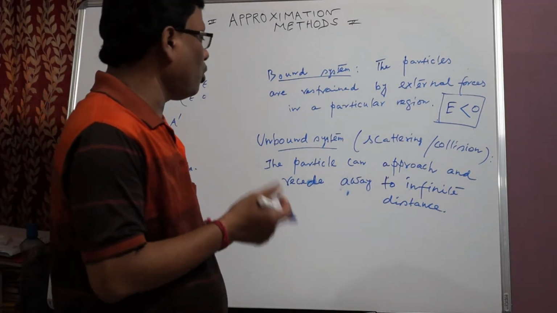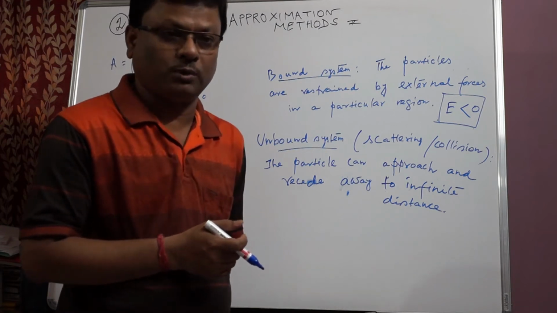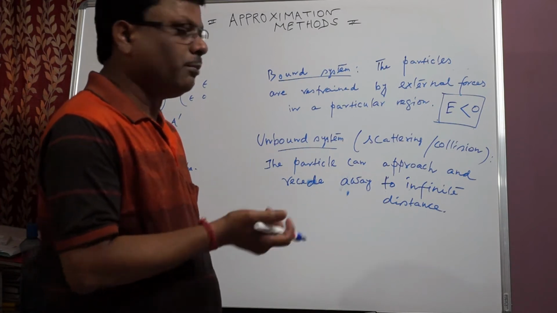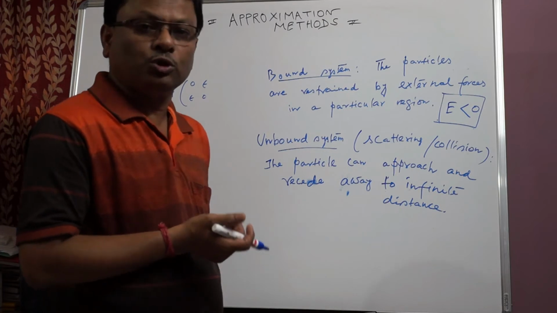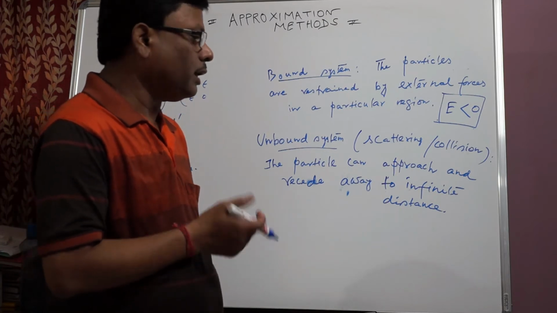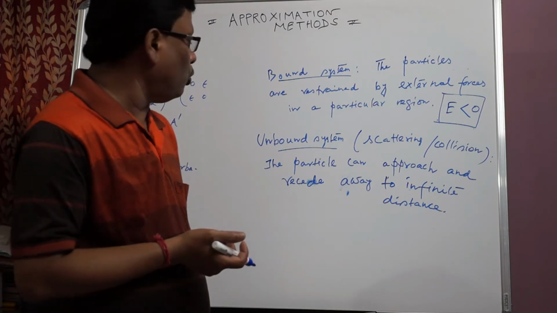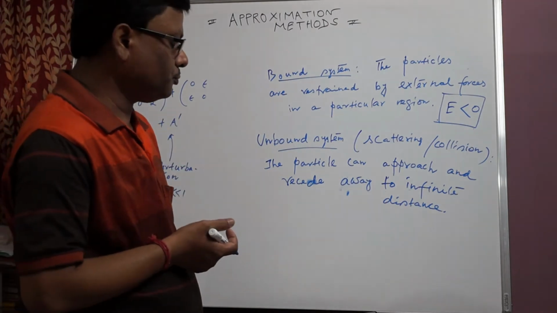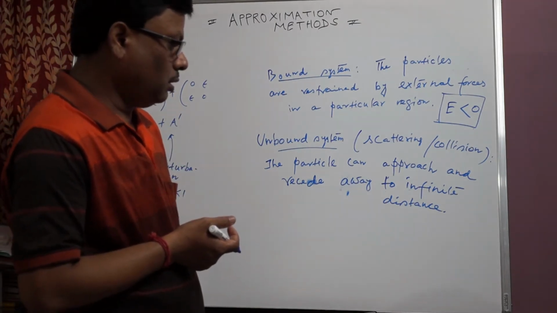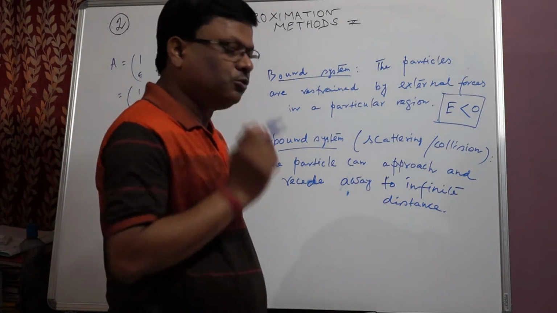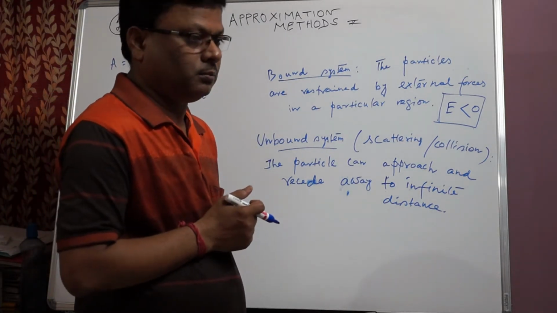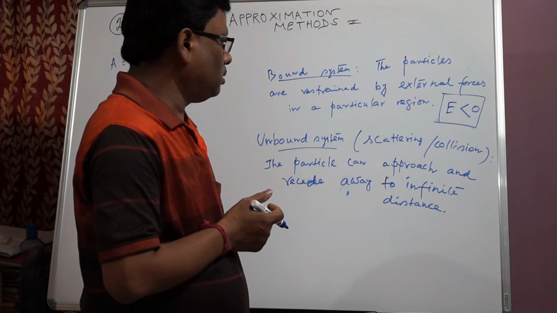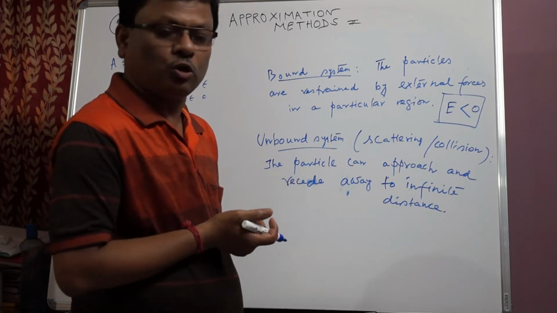This problem is popularly known as the scattering or collision problem. It is important to remember that most of the direct information regarding the nature of force can be obtained from this unbound system. I can give a simple example from nuclear physics. We all know the deuteron problem.